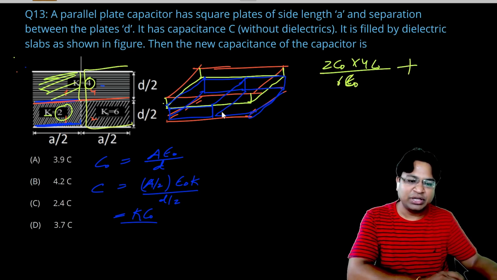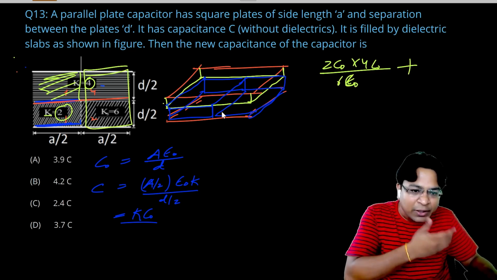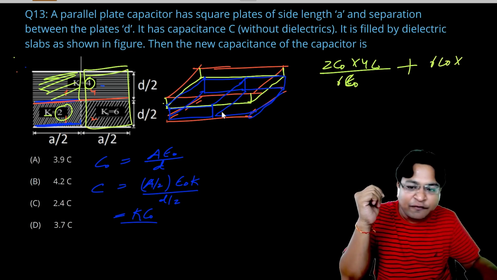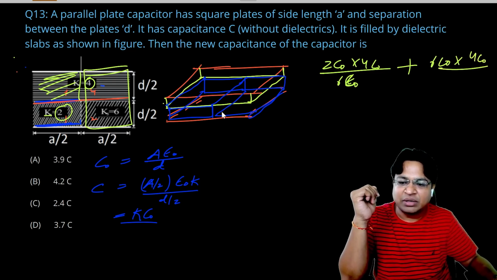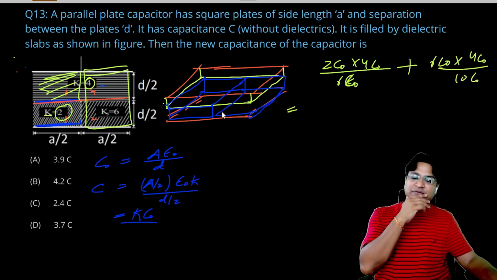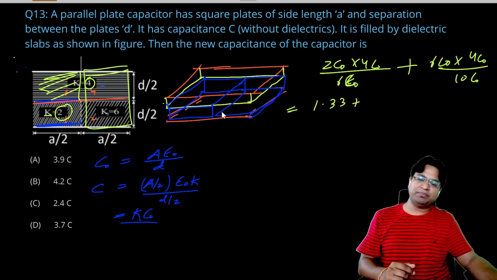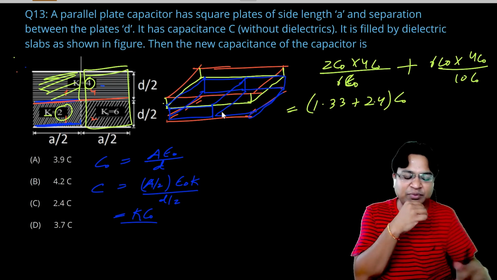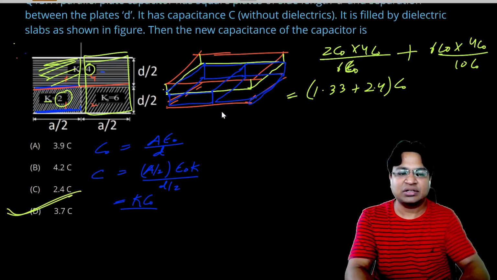Similarly, for this combination, we write 6 C naught, the dielectric constant is 6, again into 4 C naught divided by the sum, which is 10 C naught. So this simply becomes what? This is 4 by 3, so 1.33 plus 1.33 plus 2.4 C naught. So it becomes around 3.7 C. So option D is the right answer.